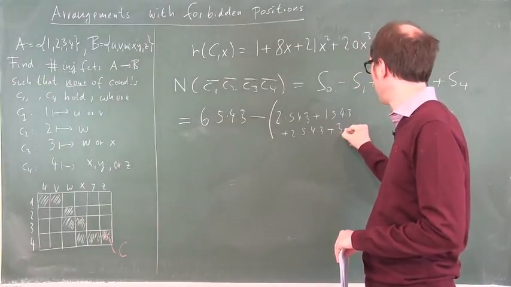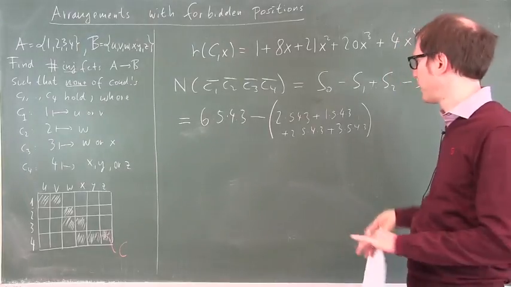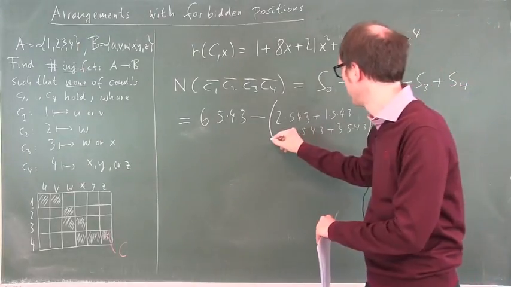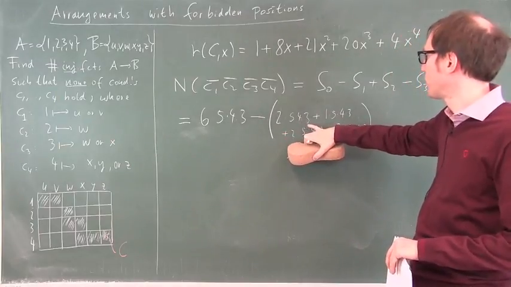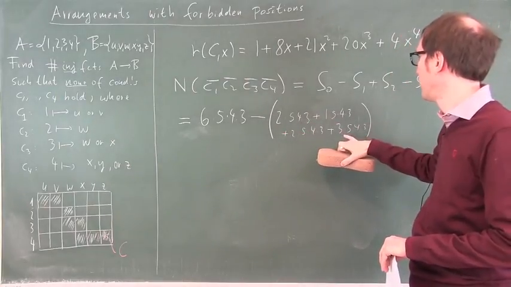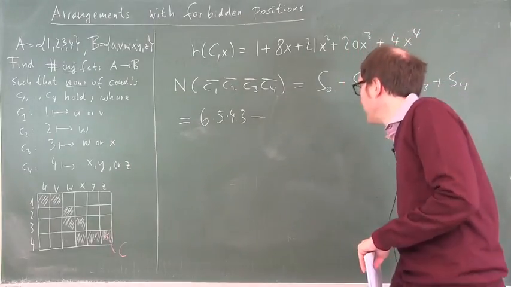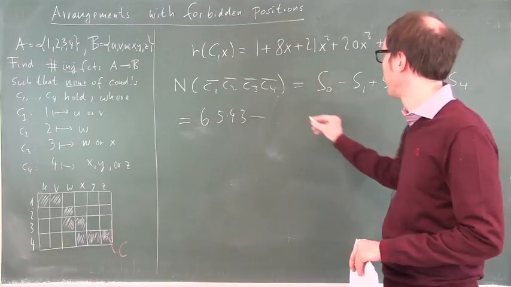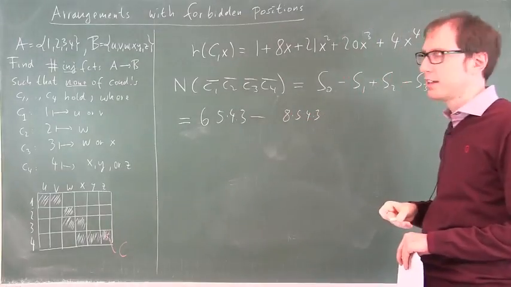And then we get 3 times 5 times 4 times 3. So this looks very complicated, but if you multiply out 5 times 4 times 3, you get 2 plus 1 plus 2 plus 3, which is 8. And so we get 8 times 5 times 4 times 3.